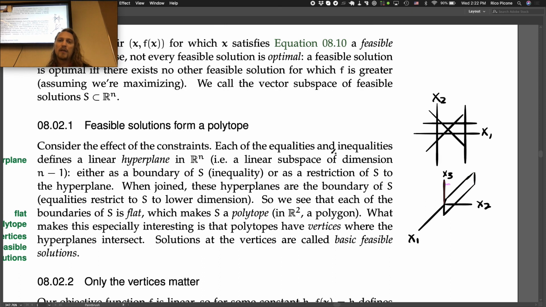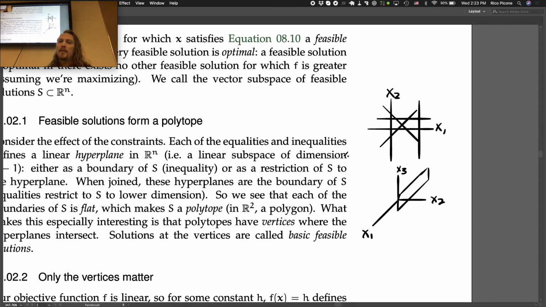So each of the equalities and inequalities defines a linear hyperplane in Rn, either as a boundary of S, which is the case for an inequality constraint, or as a restriction of S to the hyperplane. So if you think about a constraint, we're used to thinking about them in R2, right?